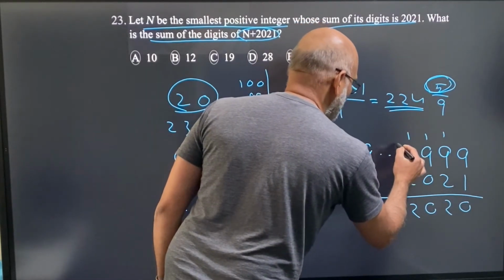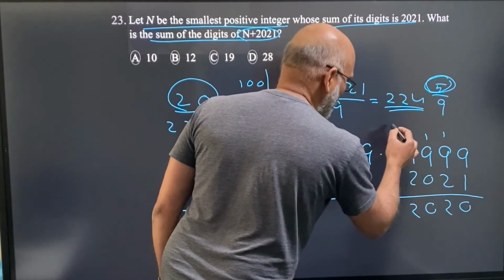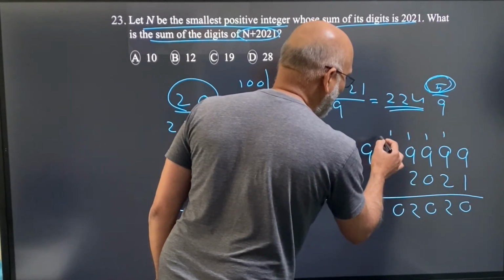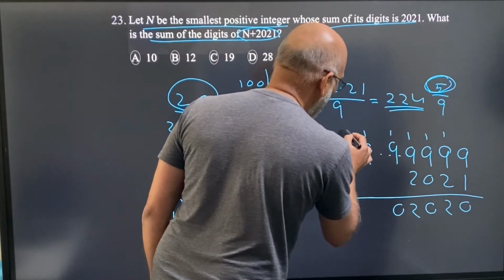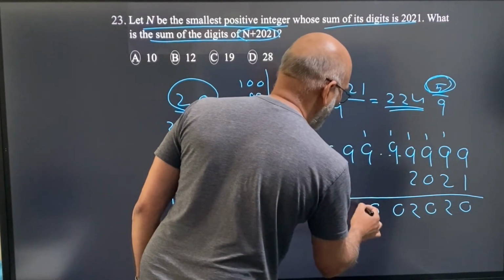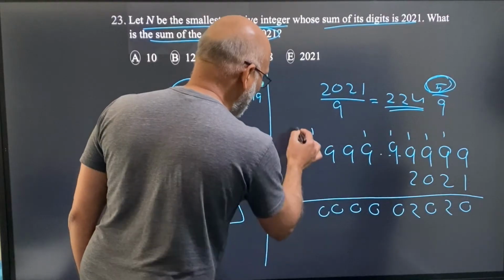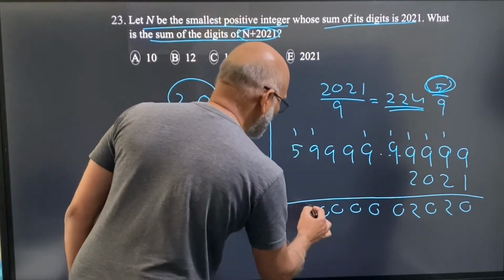So there are a few more 9s here. So carry over is 1, plus 9 is 0, carry over is 1, and that 1 is going to carry over all the way. So these are going to be all zeros here. 9 plus 1 is 0, and that carry over will be 1 here. 1 plus 5 is 6.